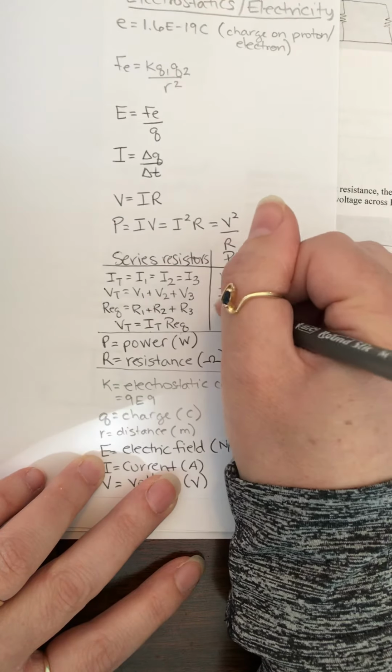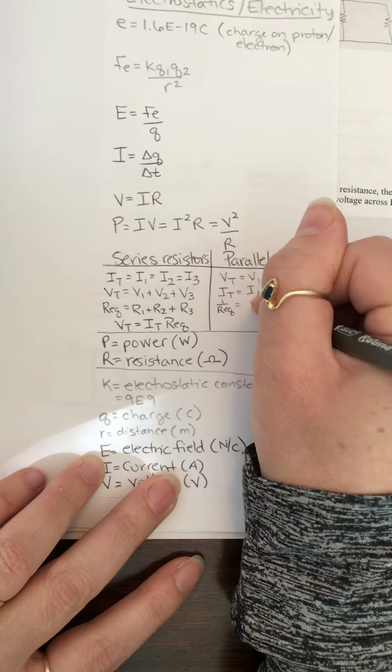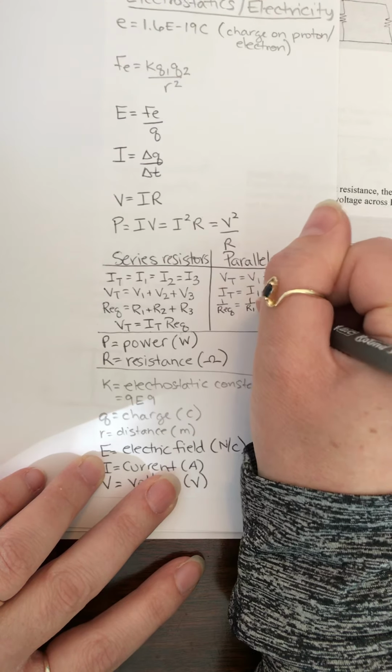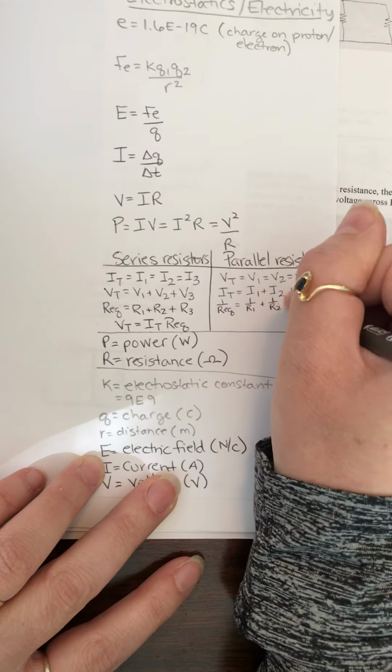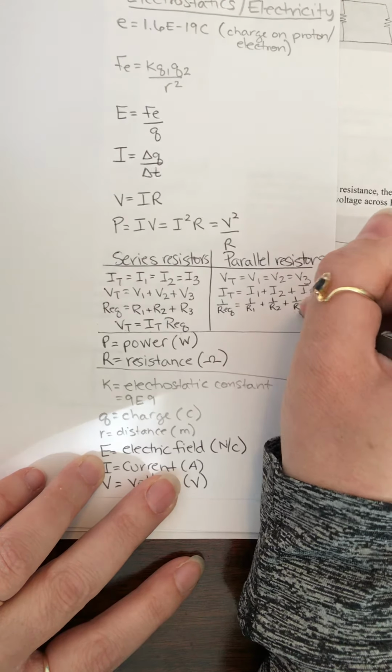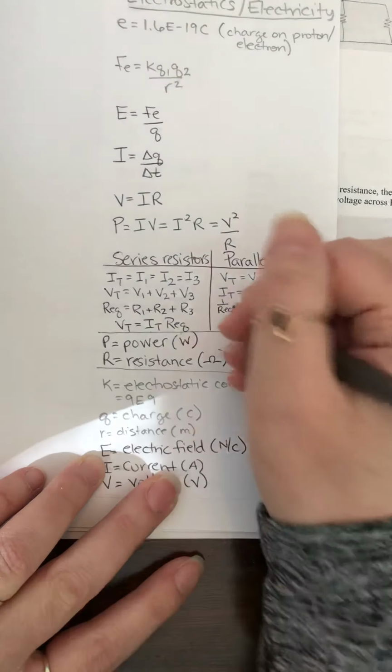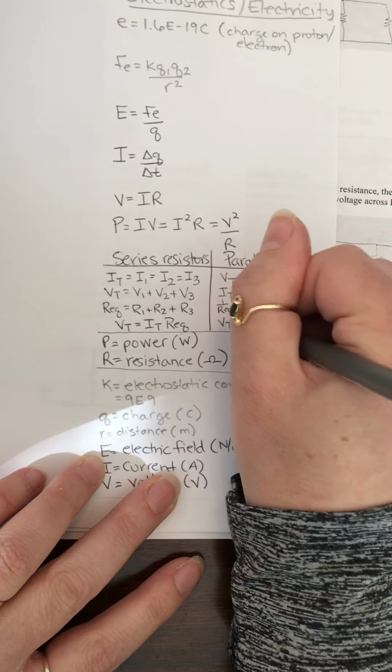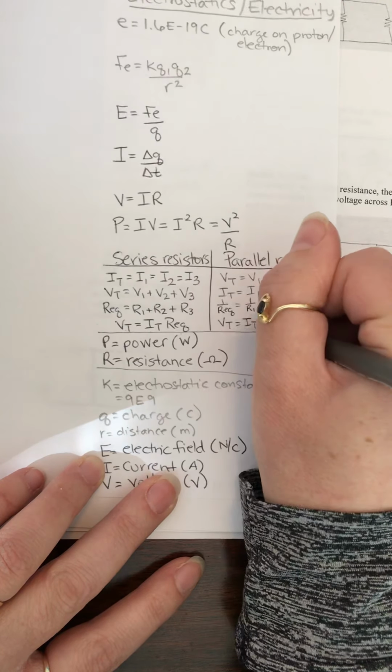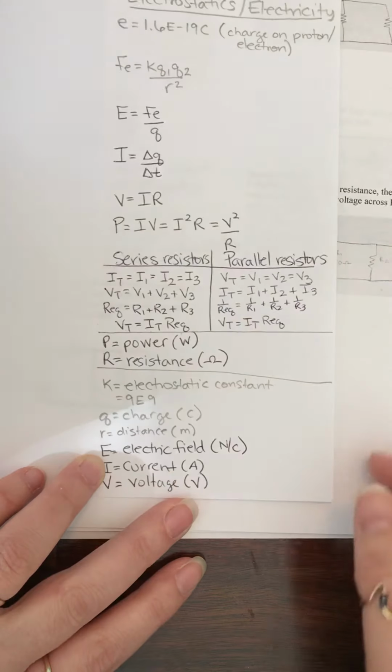And I'm going to write very small that 1 over REQ equals 1 over R1 plus 1 over R2 plus 1 over R3. And last but not least, VT equals IT times REQ.